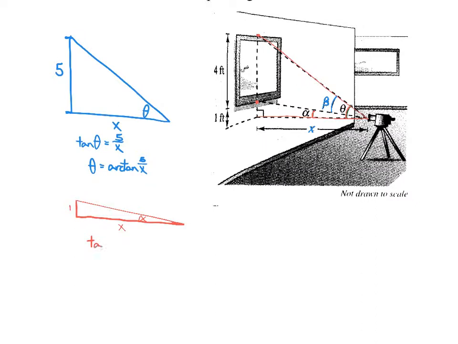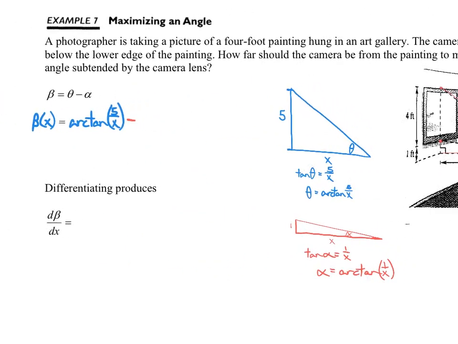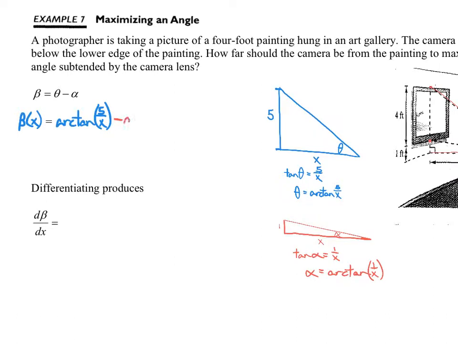So tangent of alpha is going to be 1 over x, which means alpha is the arctangent of 1 over x. Okay? So now I have the second half of my function: beta of x is arctangent of 5 over x minus arctangent of 1 over x.